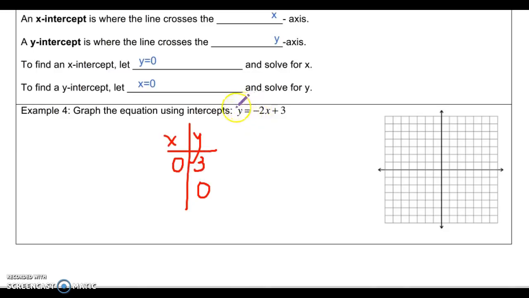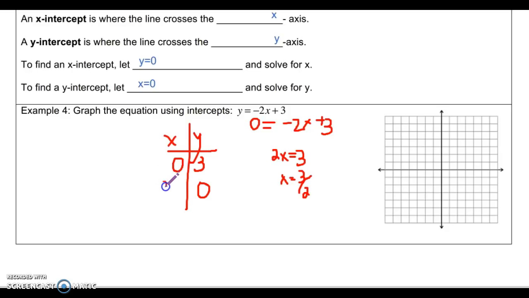And what happens when y is 0? Then we have 0 equals negative 2x plus 3. So adding 2x to both sides, we get 2x equals 3, or x equals 3 halves.